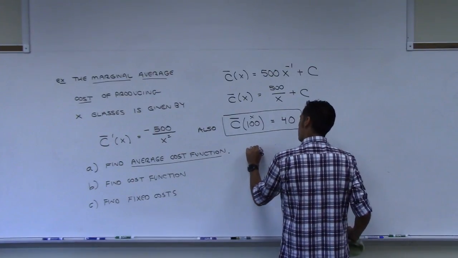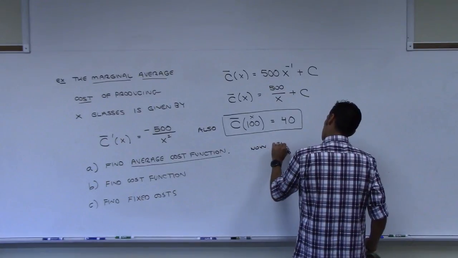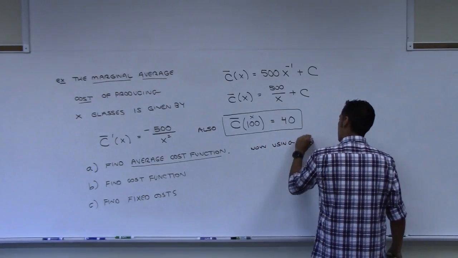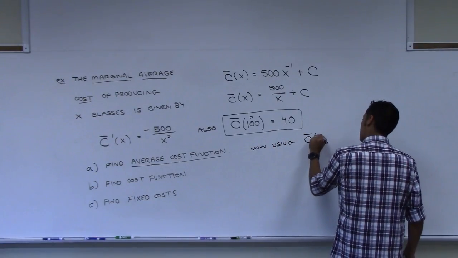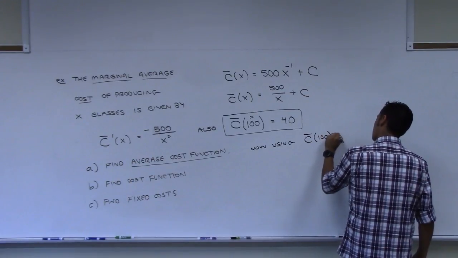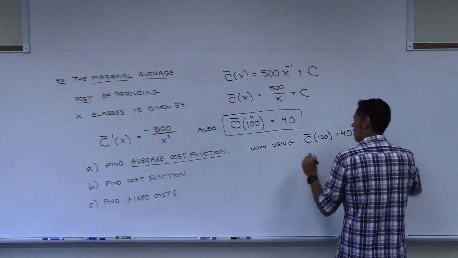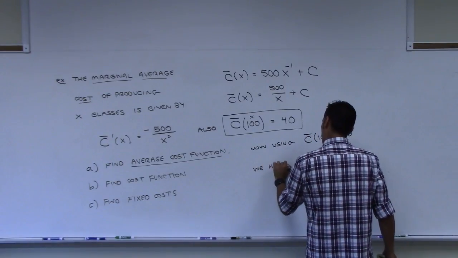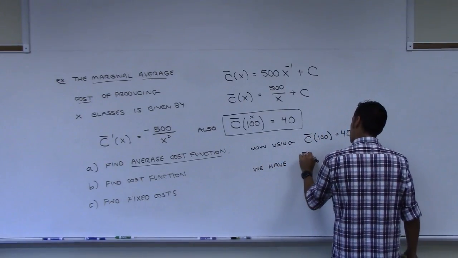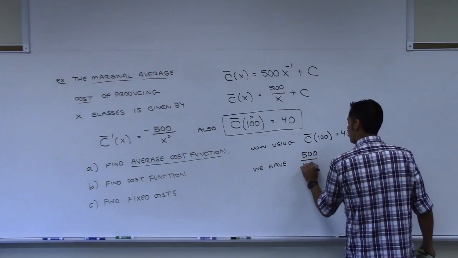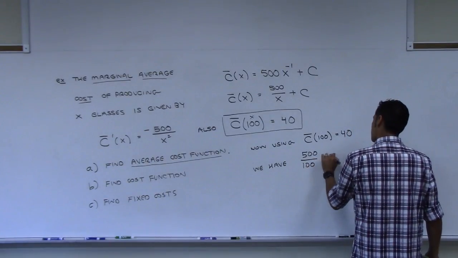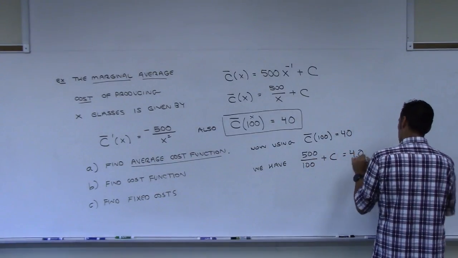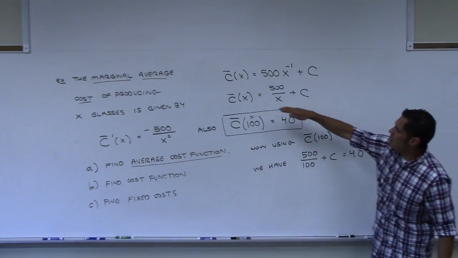So now, using that C, the average cost at 100 is 40, we have that 500 over 100 plus C must equal 40. See, this is a function, right?